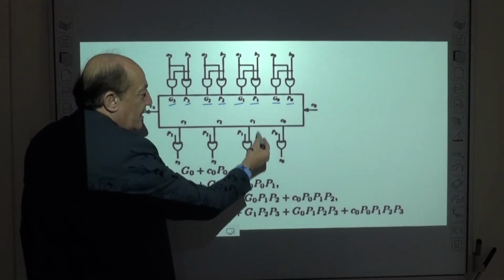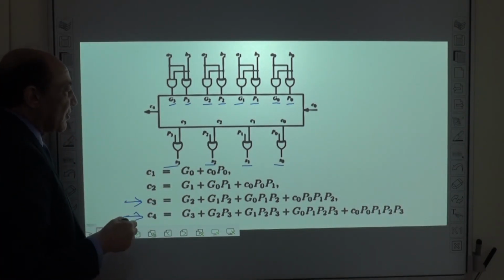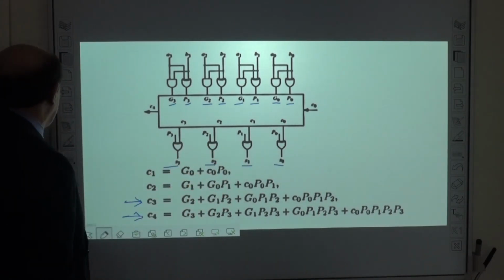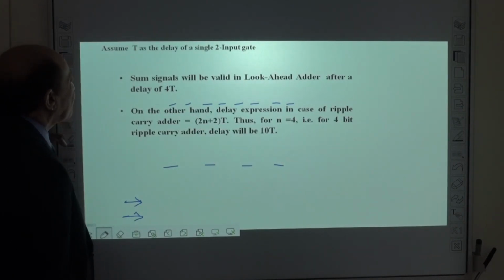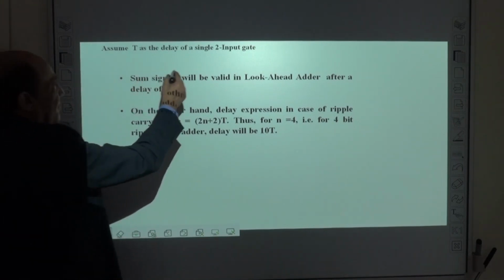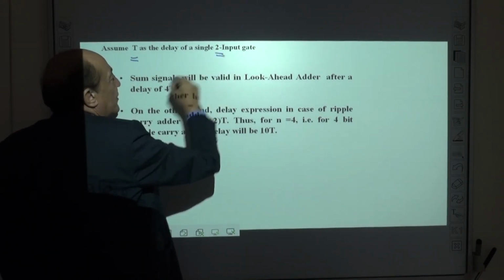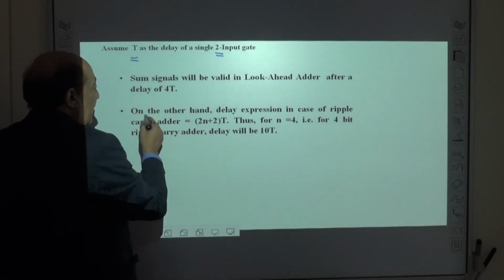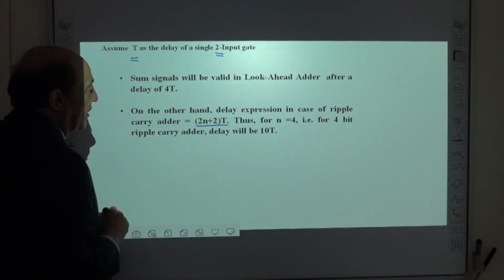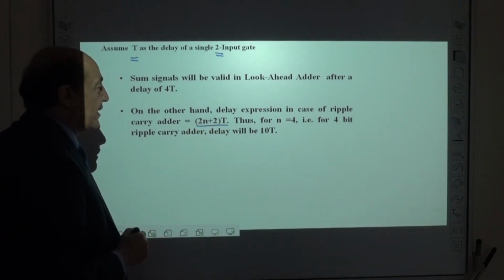And using this, we can generate the sum, which accelerates the process of generating the final sum, and which is better than ripple adders. Assume, as I mentioned, that T is the delay of a single 2-input gate. On ripple adders, we have a total delay of 2n plus 2 multiplied by t.